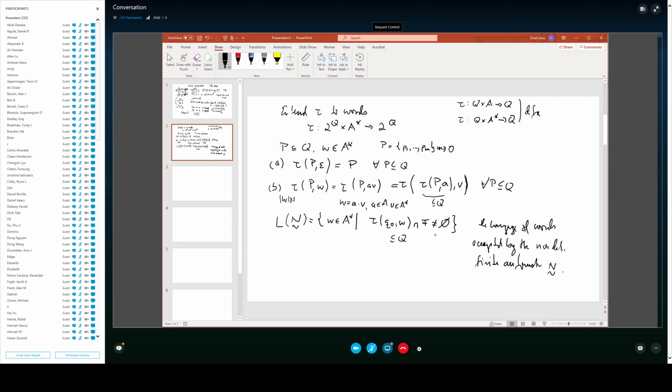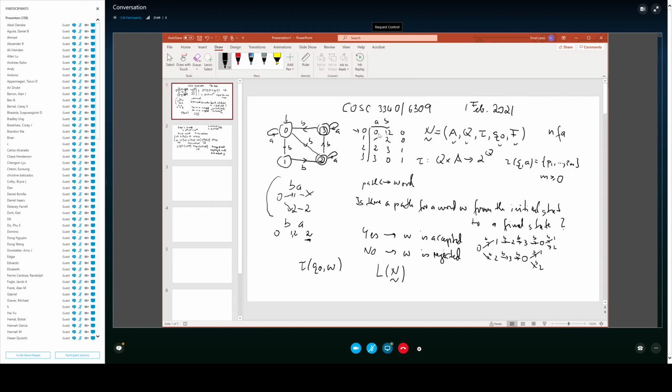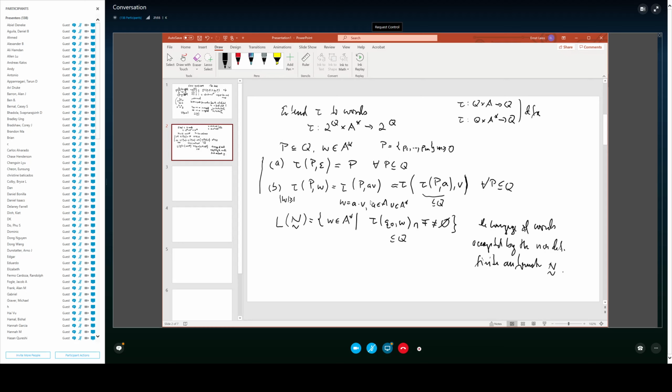Basically, if you look at the extension, if capital P is always a singleton, if there's only a single state, and the transition function is such that each entry in these columns is a single state, then of course it follows that everything that occurs is a single state, and in that case this definition for the non-deterministic case is compatible with the definition of the deterministic case.